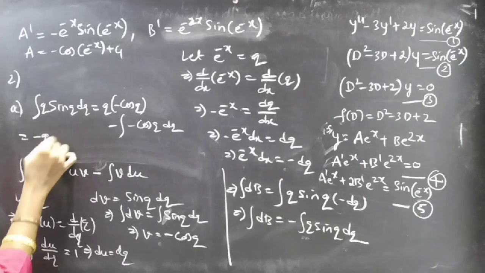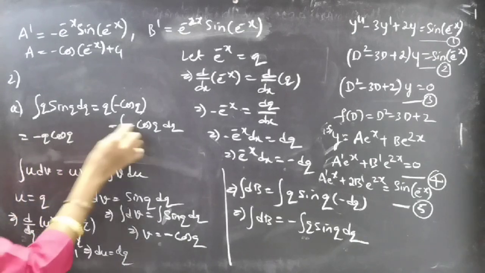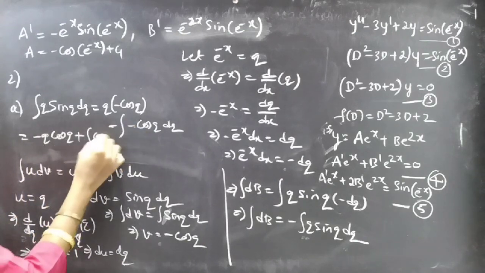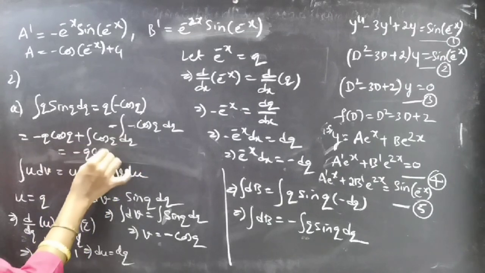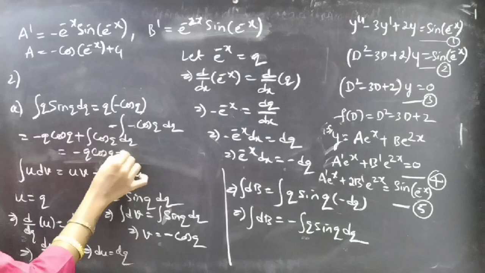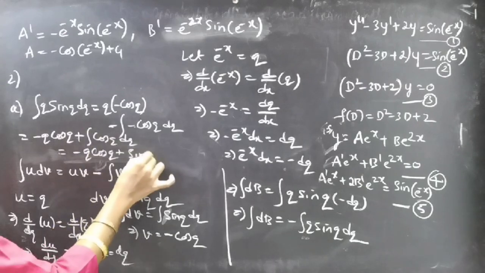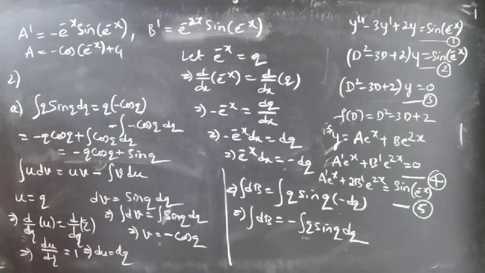This is equals to minus q cos q, minus into minus plus integral cos q dq. This gives us minus q cos q plus integral cos q dq is sine q, right?